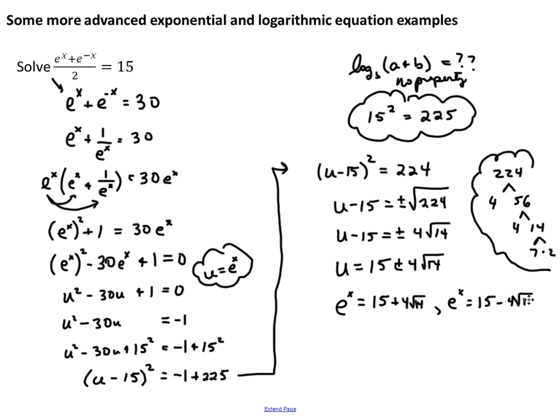Both of these are positive numbers, and so it is possible for us to get two solutions. x is equal to the natural log of the quantity 15 plus 4 times the square root of 14, and x could equal the natural logarithm of 15 minus 4 times the square root of 14.